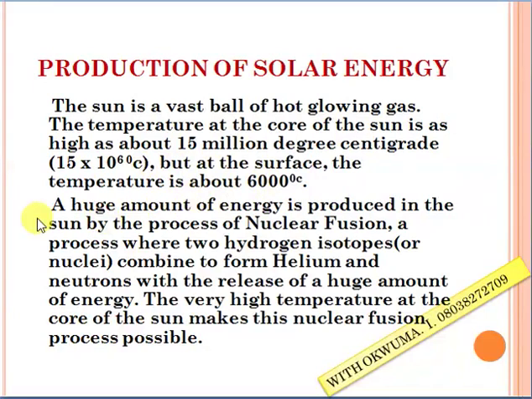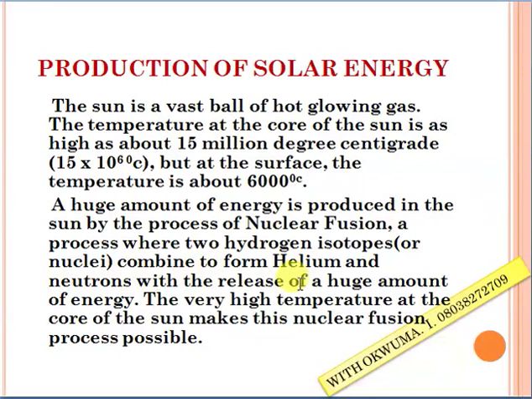A huge amount of energy is produced in the sun by the process of nuclear fusion. Using the process of nuclear fusion, we produce a huge amount of what? Energy from the sun. Nuclear fusion is a process where two hydrogen isotopes or two hydrogen nuclei combine to form helium and neutrons, and therefore release a huge amount of what?